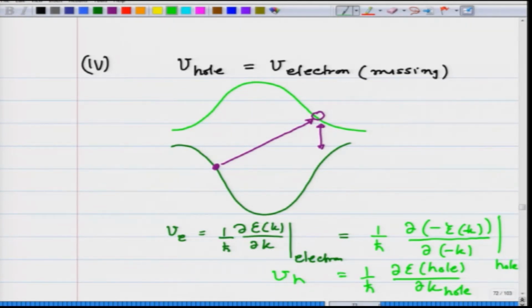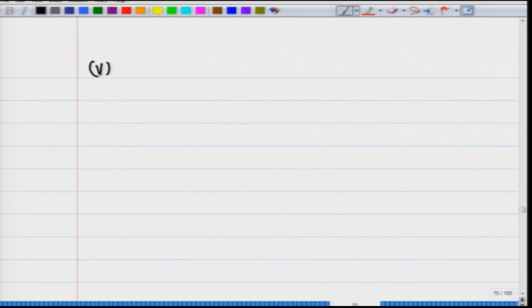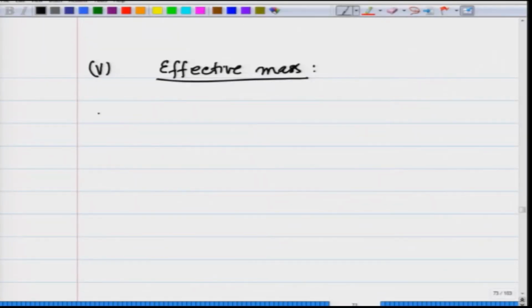Number 5, we also talk about effective mass. In that we talk about how an electron or those 2n minus 1 electrons respond, and that response will be equivalent to the response of this hole. So, for the effective mass, I can again use this band inversion.